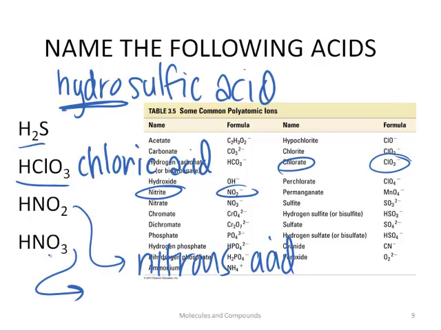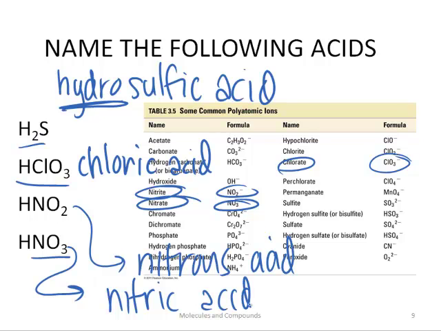And HNO3 is, of course, the nitrate polyatomic ion, so this is nitric acid. And again, those polyatomic oxyanion acids do not need the hydro prefix. But all of them have acid at the end of their names.